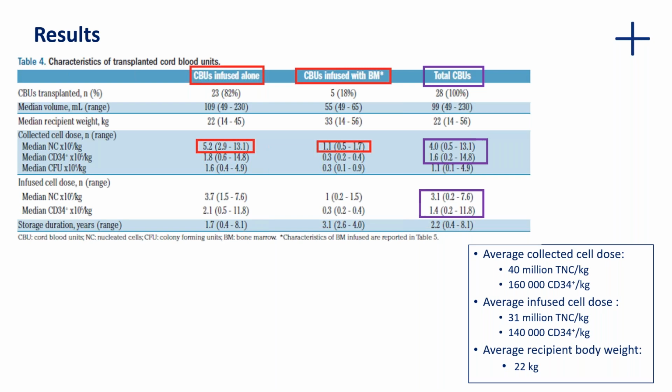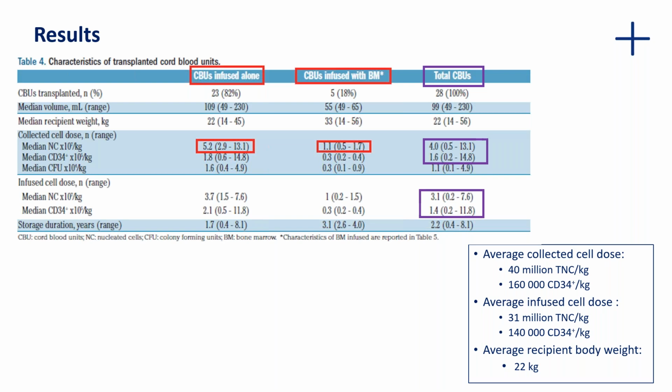The difference between these two is that the column in the middle was for the case where 5 cord blood units with a total nucleated count of less than 20 million per kilogram were available. In this case, they were combined with bone marrow from the same donor, and the results are indicated in that column. The remaining 23 on the left didn't require this addition of bone marrow.